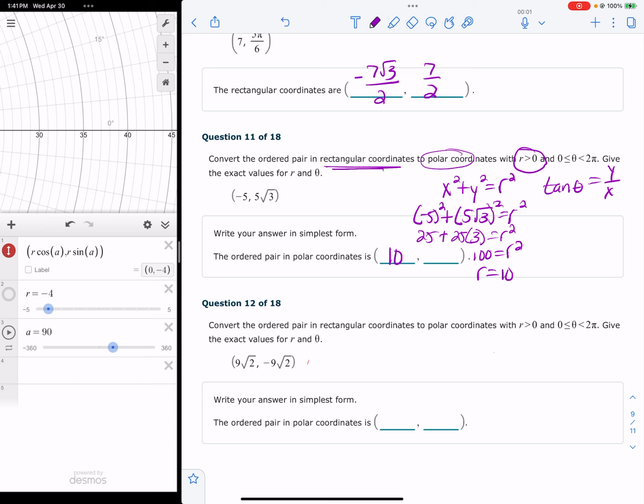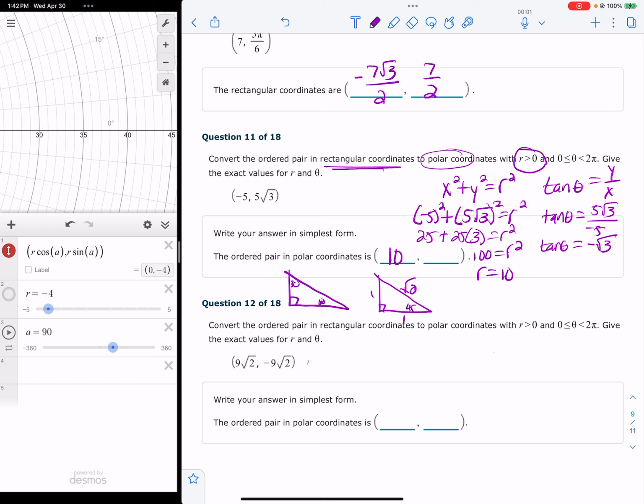Now we do the inverse. Now we do the tangent part. So y is 5 square root of 3. X is negative 5. So what this is saying is the tangent of theta is negative square root of 3. And for angles that you can find the exact value of, you have to think back to your special right triangles. Or you maybe have them memorized.